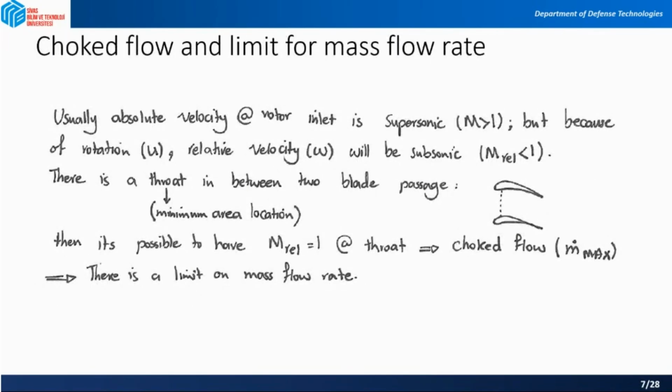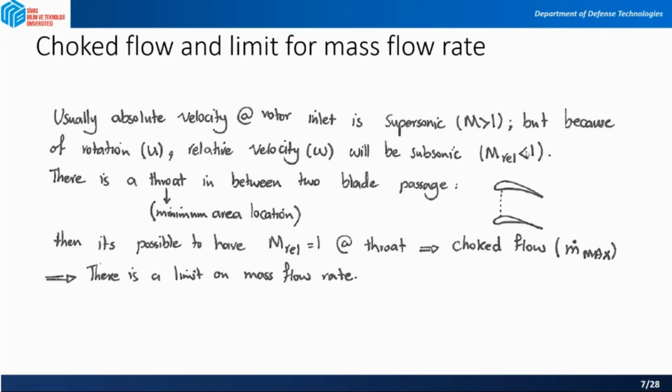Usually you have to check the choked flow and the limit for the mass flow rate as well. And usually the absolute velocity at rotor inlet is supersonic. But because of rotation, your peripheral velocity U, you have your relative velocity that is subsonic. So we say that the relative Mach number is less than 1. So there is a throat in between two blade passages.